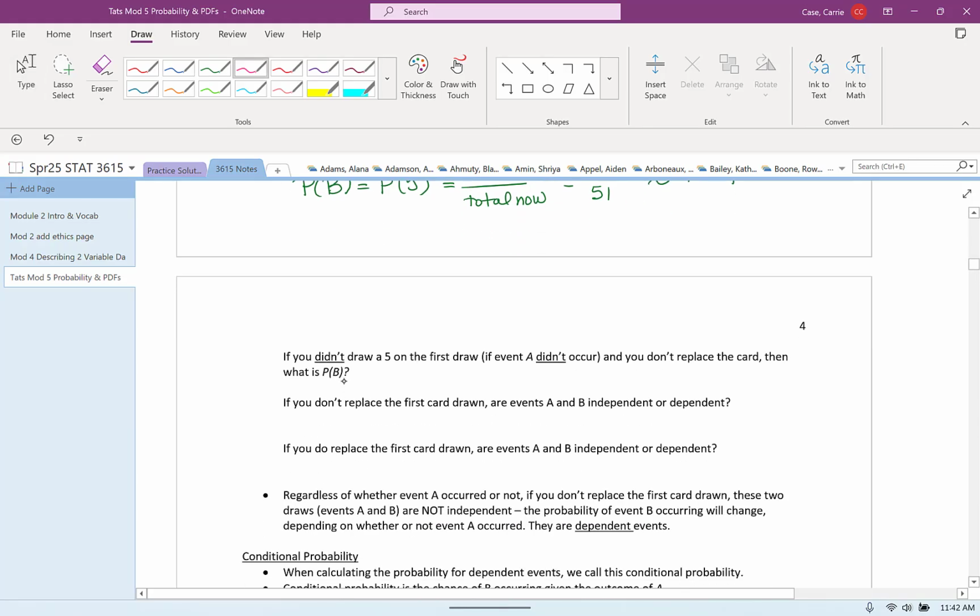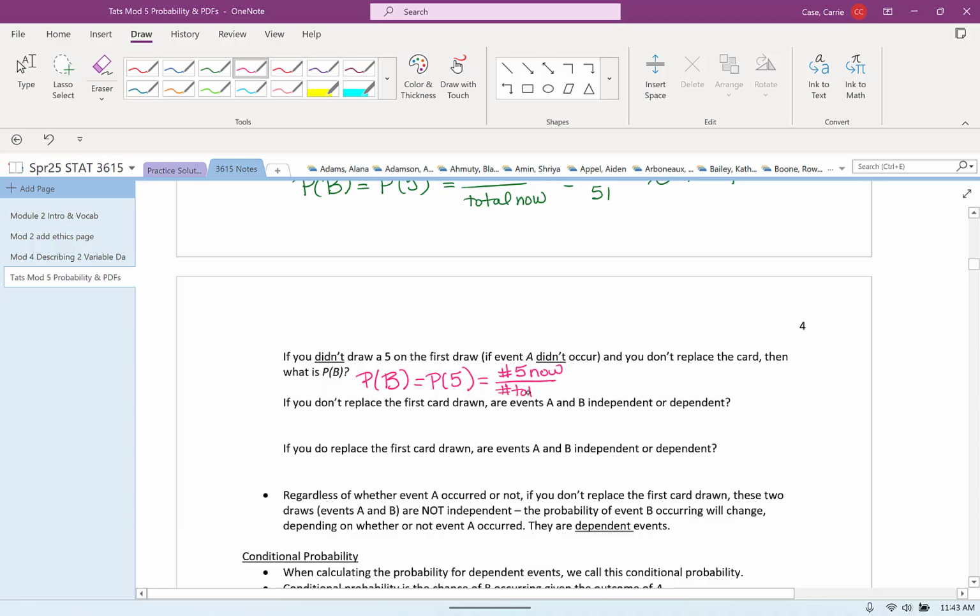So if you didn't draw a 5, so let's say I drew a 7, well, the probability of getting B, which is the probability of 5, when I didn't draw a 5 the first time, it's still the number of 5s now over the new total.